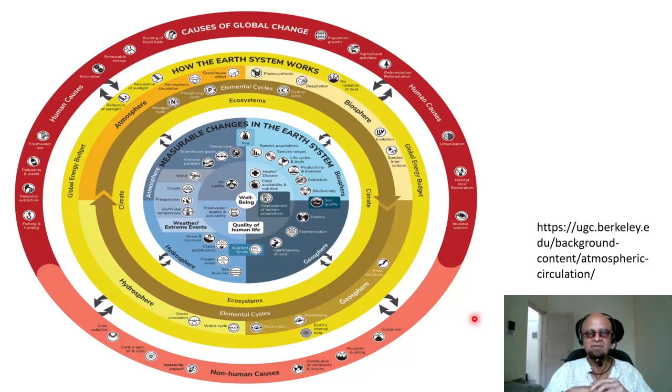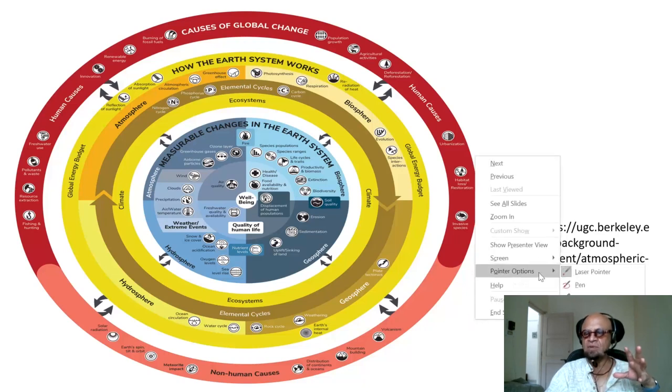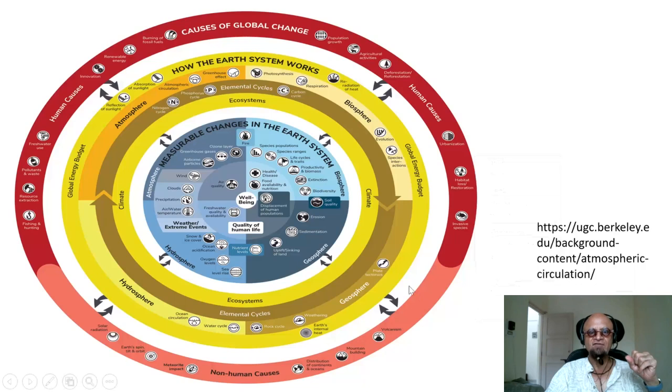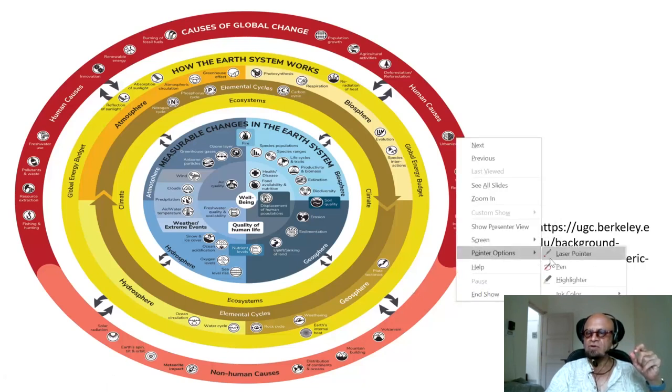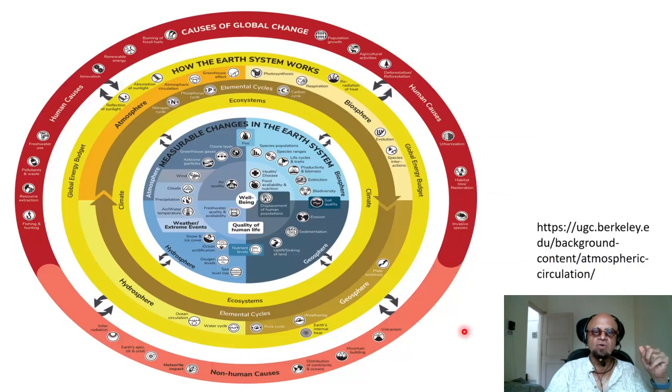So let's just scan through this very complicated infographic, as they call it, from the University of California at Berkeley. Okay, so wow, this is hard to read even for me as I'm sitting here.